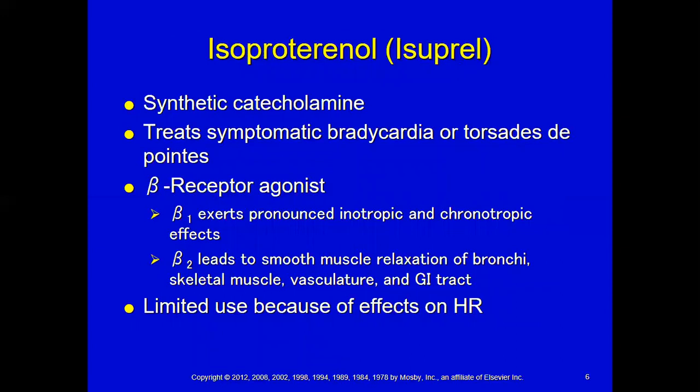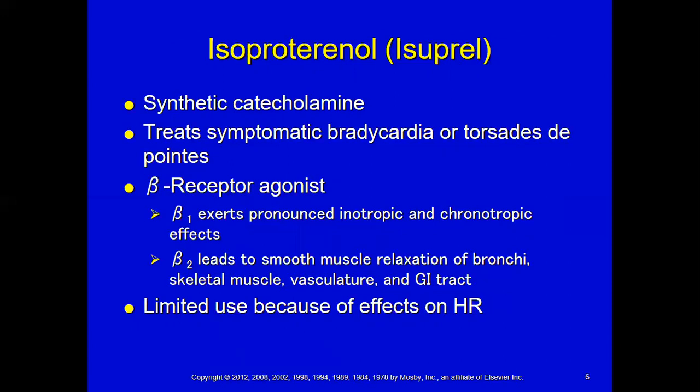And I know everybody here remembers what torsades is, right? Twisting of the points, okay? So we bring them back. We may give them isoprel to try to keep them from going back into torsades. Does anybody remember the other med we would give for torsades during the code? Yes, magnesium. I knew you guys knew it.